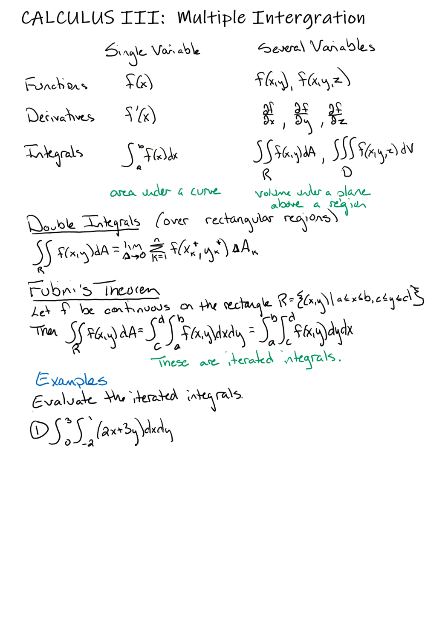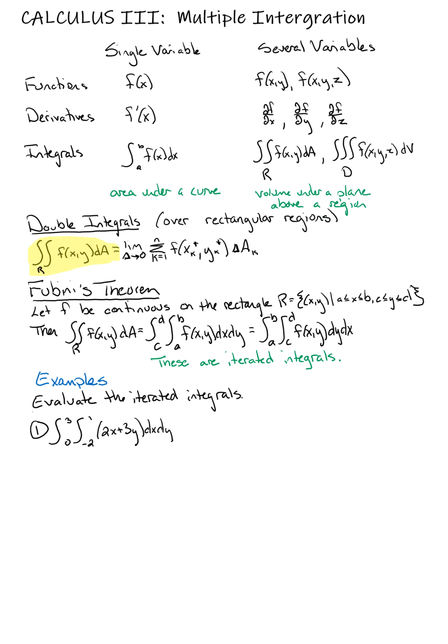All right, so let's take a look at how we define double integrals. This is specifically a double integral over a region. We have the double integral over R of f of x, y dA.